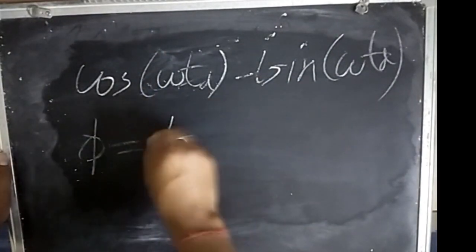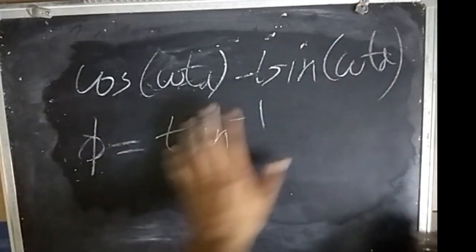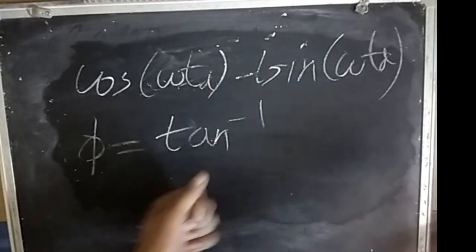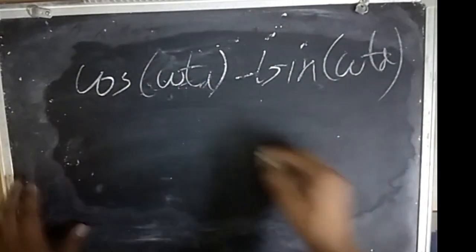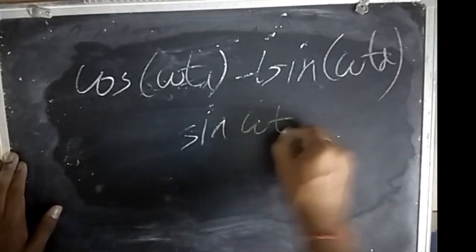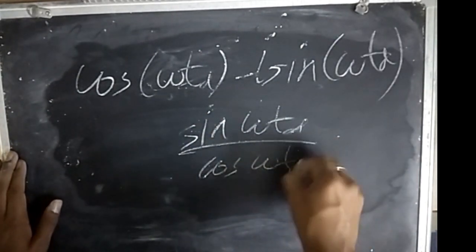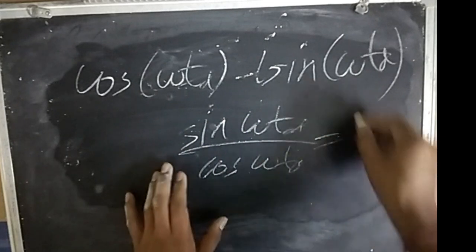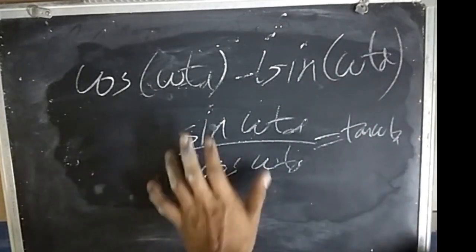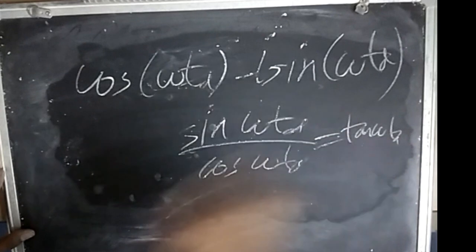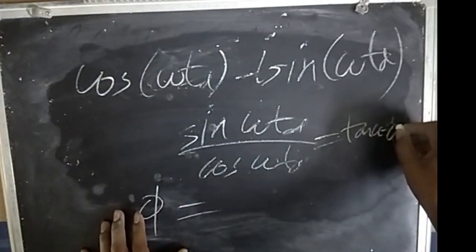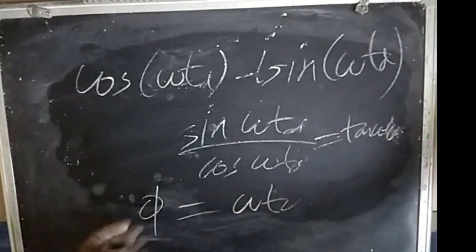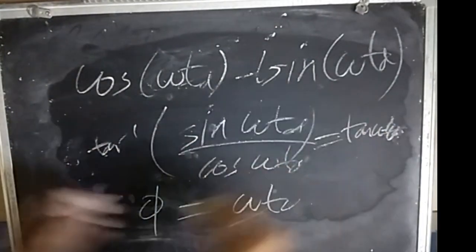If you want to find the phase difference phi, that would be tan inverse of sine omega td and cos omega td, which is tan omega td. And if we take the tan inverse of this, my phi would actually become omega td. Why? Because this is tan inverse of this whole thing.